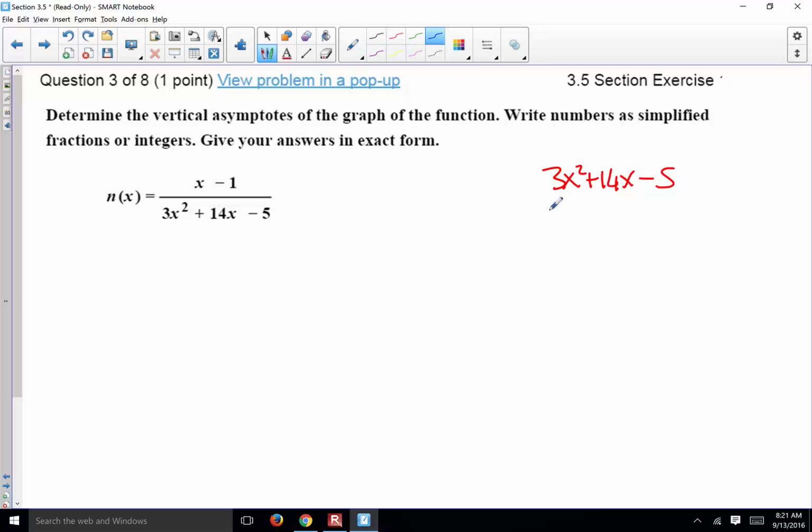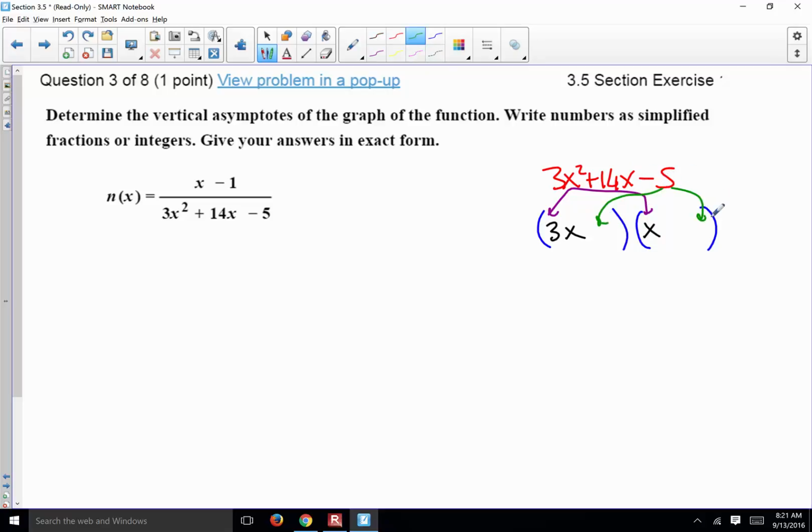Does anyone know how to factor this thing? You will break 3x squared into 2 pieces. How would you break it? 3x minus 1 and x plus 5. Hold on, let's first break this. 3x and x, right? Next, you're going to break 5 into 2 pieces.